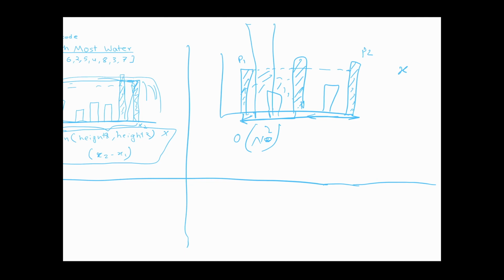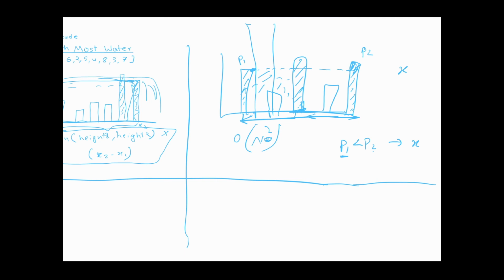If you see the formula, it's the minimum of the heights times the distance between them. If you keep the lower pillar constant and move the higher pillar towards the lower pillar, no matter how big a height you find, the water will always be less than or equal to X, because the length is decreasing between P1 and P2.